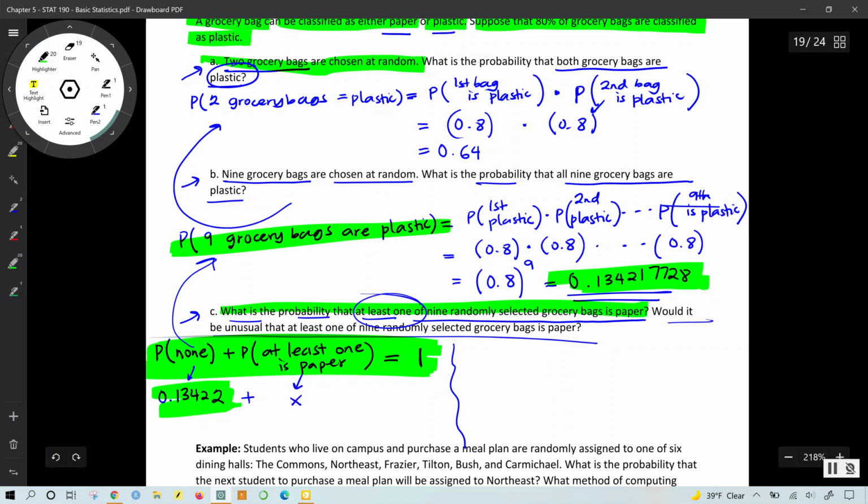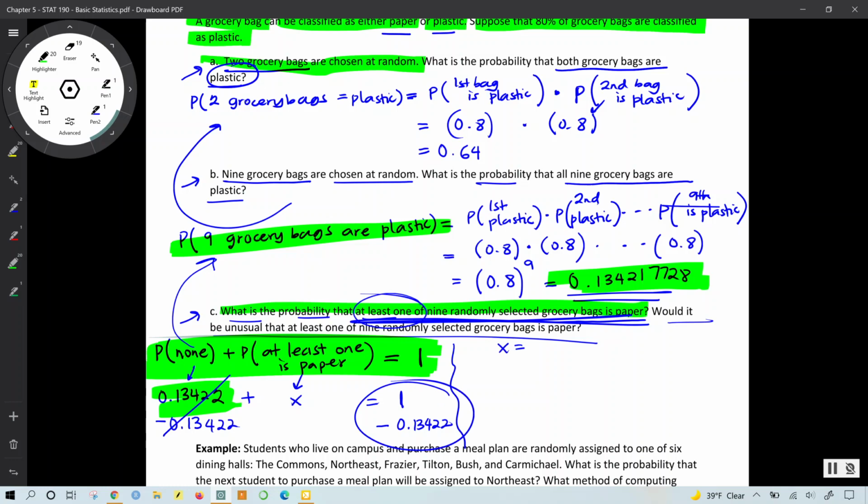I'm going to call it X. Remember, probability that at least one of the 9 is paper. That is equal to 1. So I can subtract 0.13422 from both sides. And so my X is equal to 1 minus 0.13422. And that will be equal to 0.86578. This is the probability there.